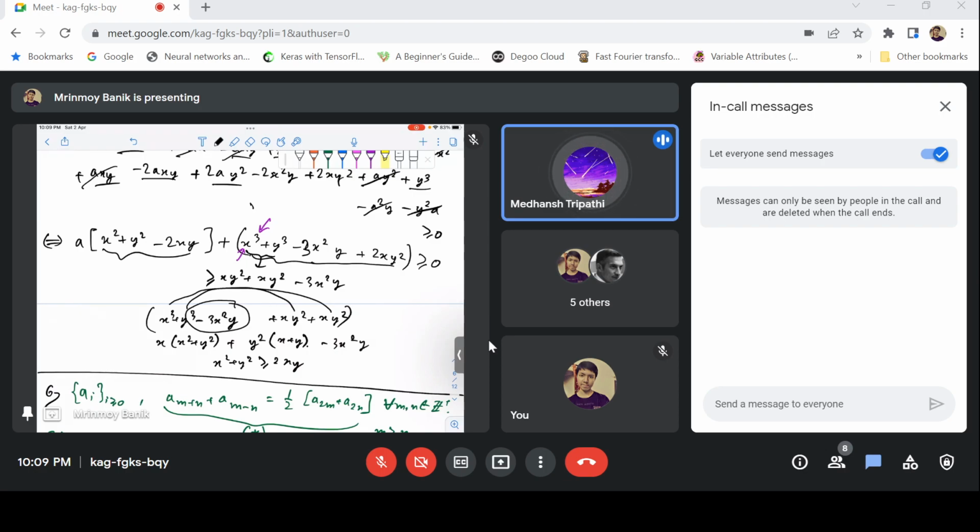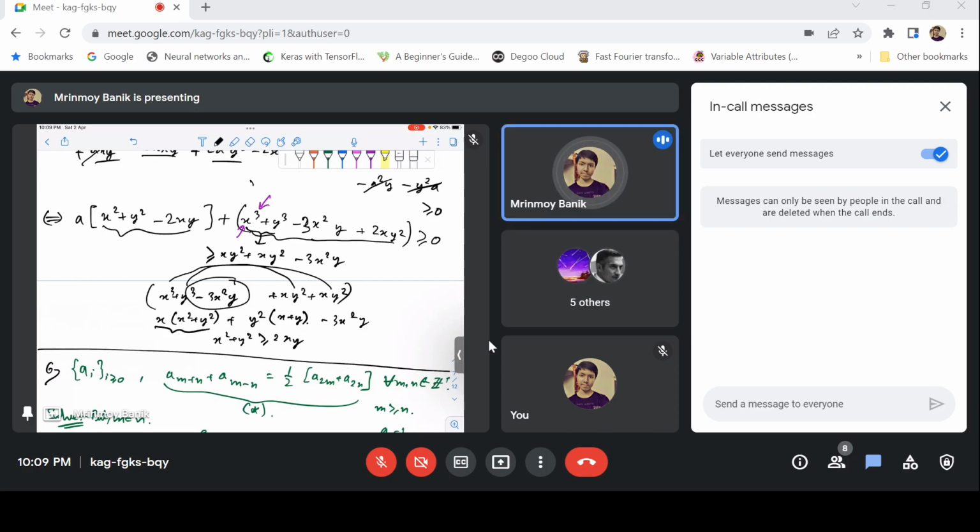So this thing is 2x squared y, less than or equal to. Similarly, because y is greater than x, minus x squared y plus y squared times (x plus y) is less than or equal to minus x squared y, and this thing is 2xy.